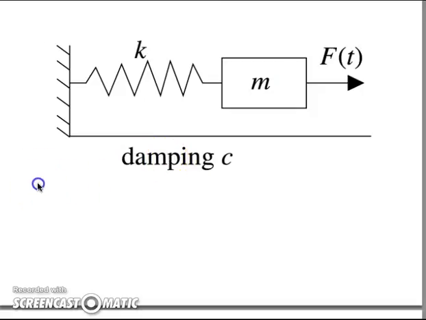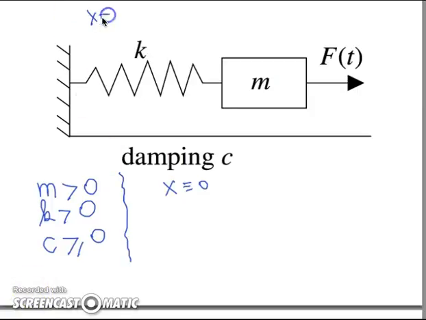So we're going to assume here that the mass denoted by M is a positive real number, and this constant K is also a positive real number, and the other parameter we call C is either 0 or positive. So M, K, and C are real numbers with these constraints.